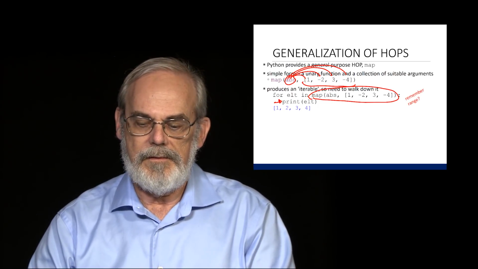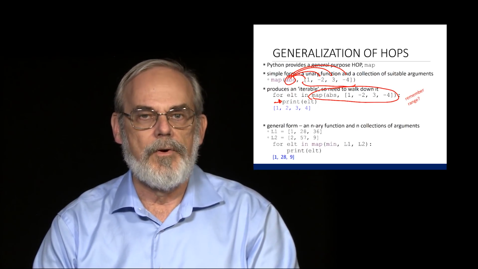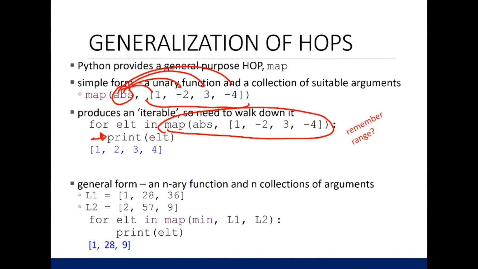In fact, map has a more general form, which is I could give it a collection of functions that expect more than one argument, what we would call an n-ary function, because it expects n arguments. And if I give it, for example, 2 lists, I can map a function down those pairs of lists, and what it will do is take the first element of each list, apply that function to it, take the second element of each list, apply that function to it, and generate for us something that has the result of doing that processing.